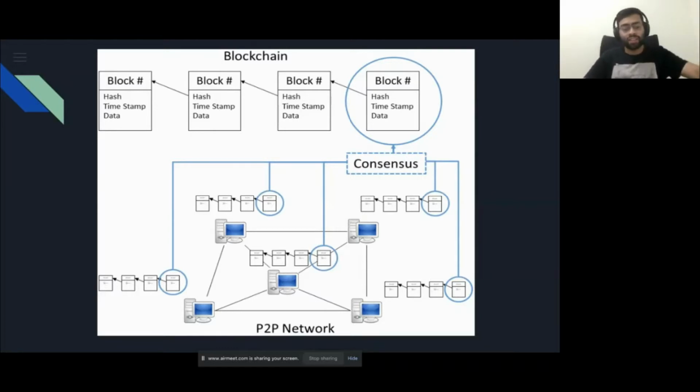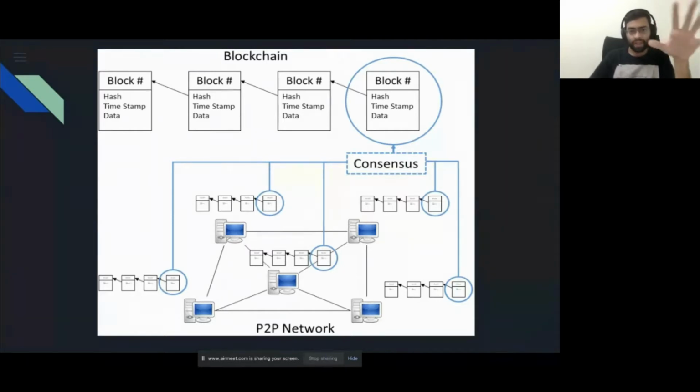So arriving at consensus amongst parties that know each other is hard. Imagine what it would be for parties that don't trust each other, that don't know each other. How do you arrive at consensus on what is right and what is not, which transaction is valid, which transaction is not?